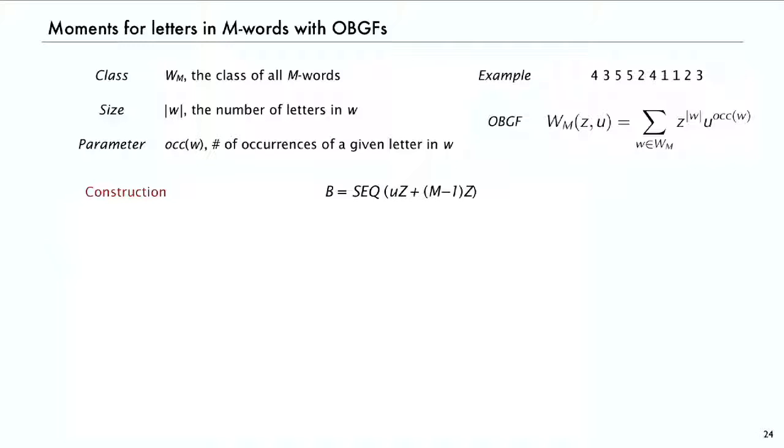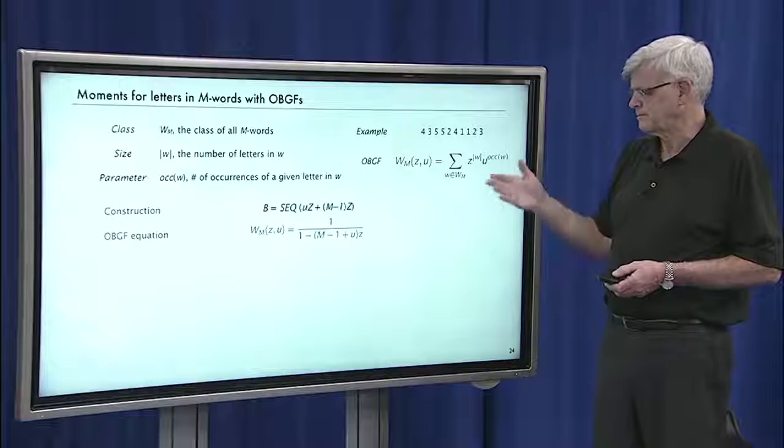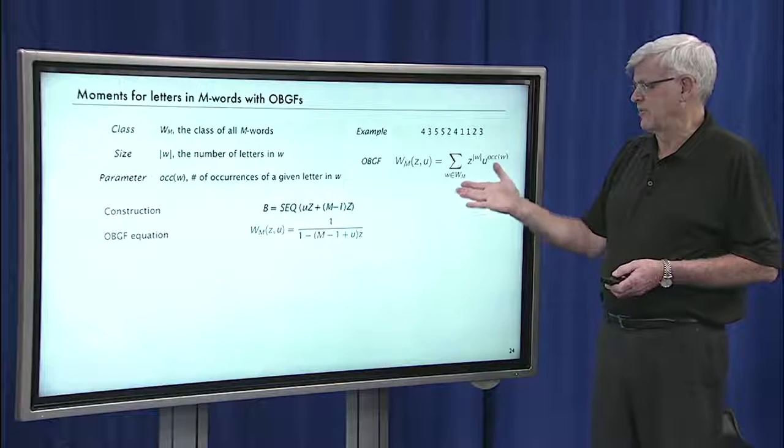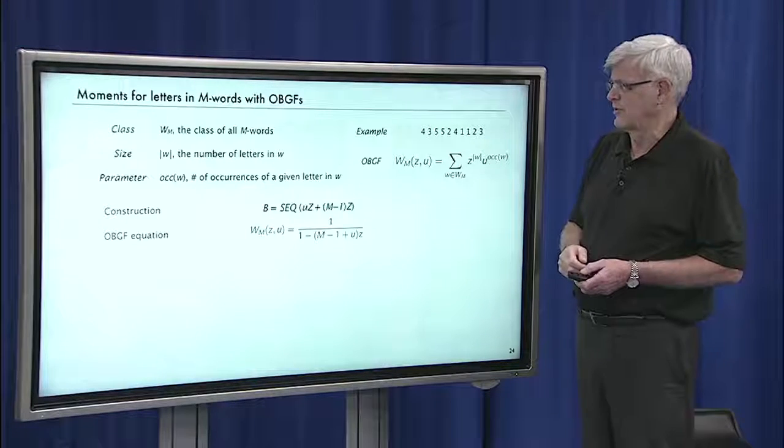So we had m equals 2 before, we had uz plus z. Now we have general m, it's (m minus 1)z. And that immediately translates to 1 over 1 minus (m minus 1 plus u)z. We have (m minus 1)z and a uz, and that's it. So now that's our ordinary bivariate generating function.